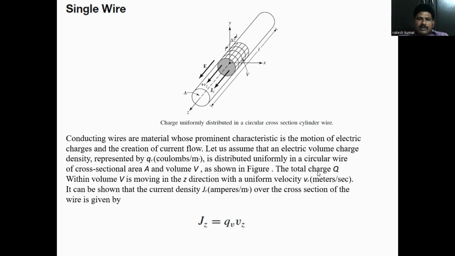The total charge Q within the volume V is moving in the z direction with a uniform velocity Vz. The velocity with which the charge is moving is denoted with Vz.